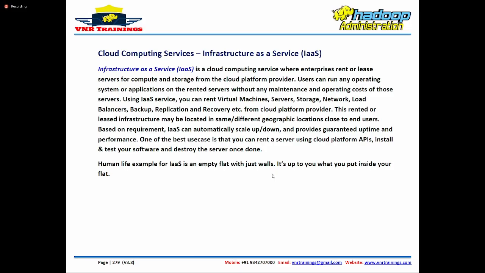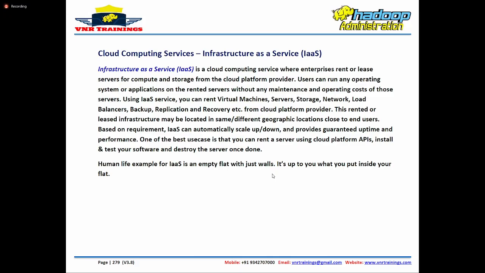The second thing, whatever software I want, let's say I have written some software and I want to test it, I will install it inside that and test it. Once my testing is done, I will note down the result. Then I will destroy the VM. Got it? This is the best use case for the IaaS model.